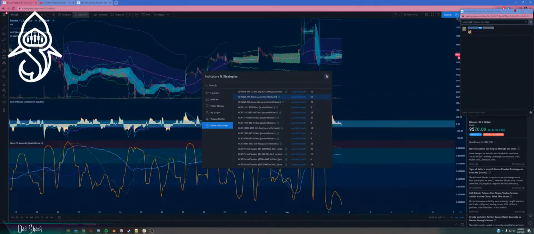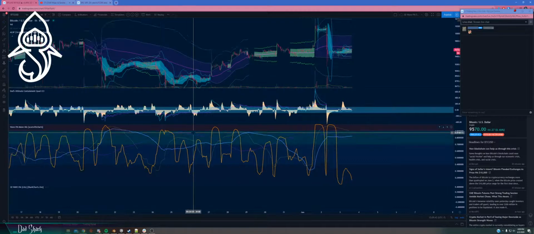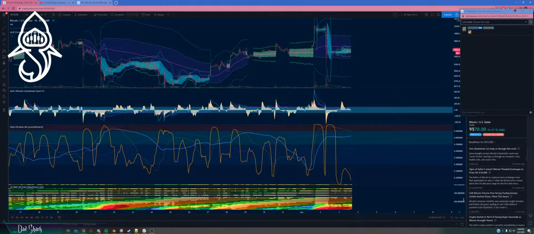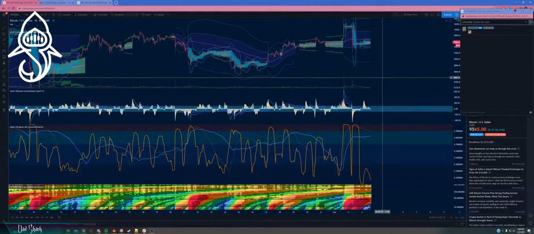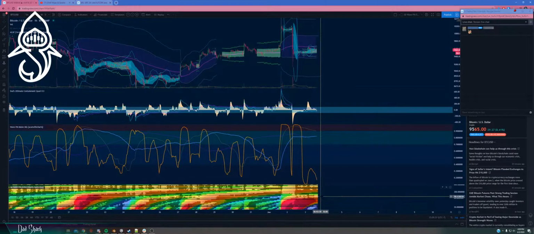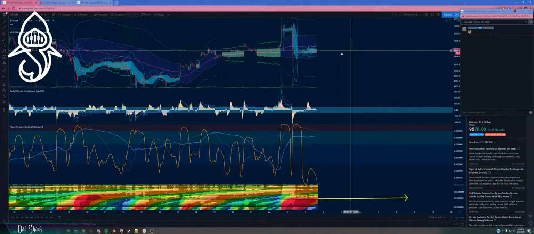Wave PM light, because let's try to save this chart a bit. Okay, based on the 60 period. Nice. So until the 60 period turns green here, price is liable to stay inside this purple band.